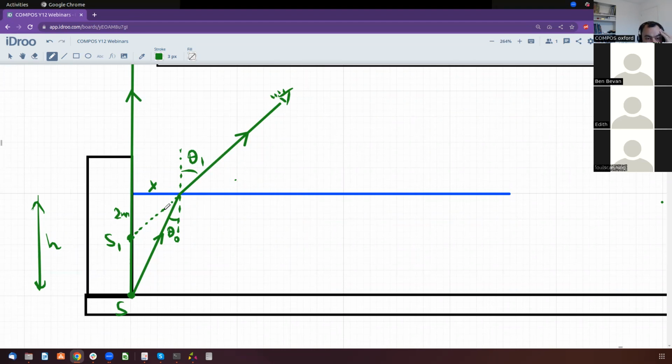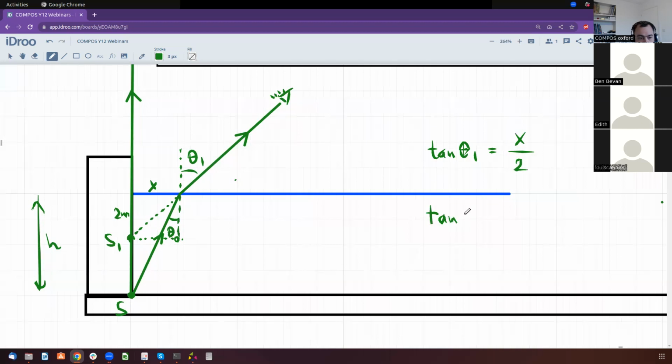So this angle is theta 1. So sine theta 1, sorry, not sine, is it tan? Yeah, tan theta 1 is equal to x over 2.